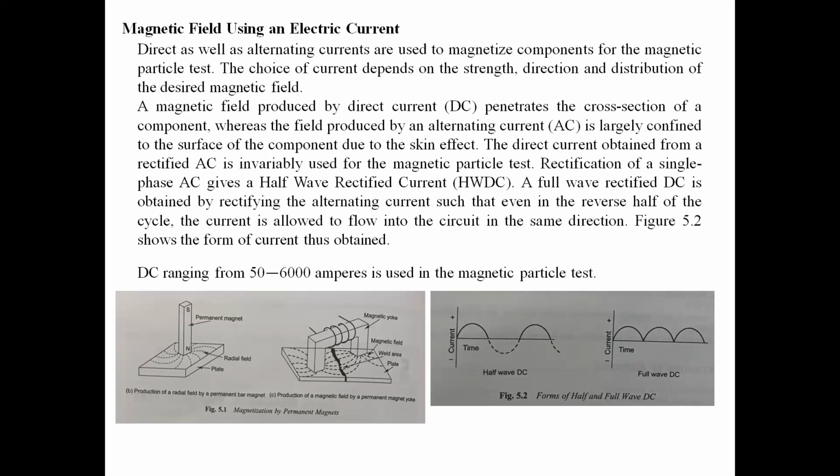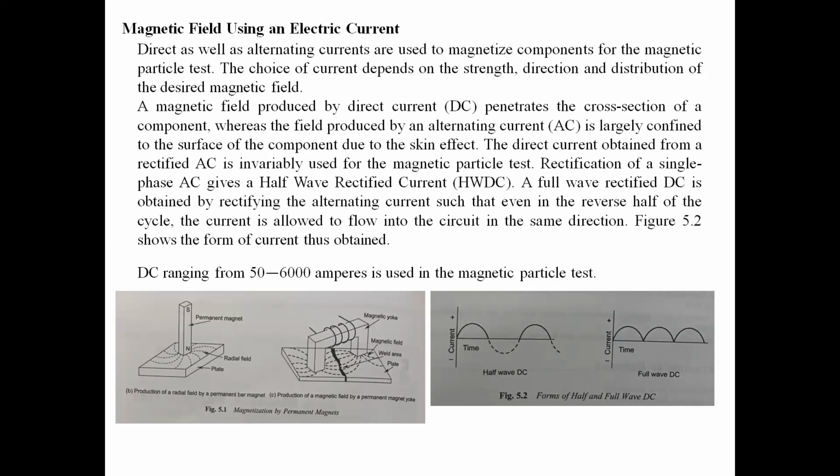That is the magnetization. Now, how do we produce the DC current? We can convert the AC into DC by using rectifiers. We have two types of rectifiers, half wave rectifier and full wave rectifier. We have learned about these rectifiers in the mechatronics subject in the previous semester. So we can convert the AC current into DC current by using either a half wave rectifier or a full wave rectifier.